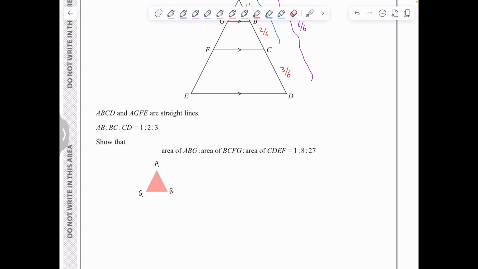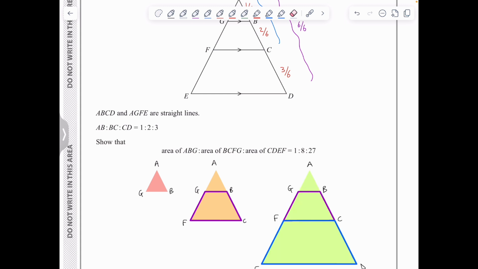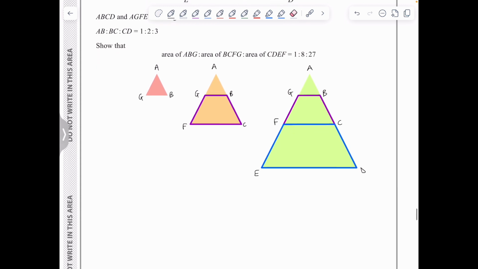We've got the triangle ABG, we've got the triangle ACF, and then the big triangle here, which is the ADE. And I will also consider the lengths. So we start with a multiplying factor of 3 and then a multiplying factor of 2 as explained. So if we start with 1, we go to 3, and then we go to 6.